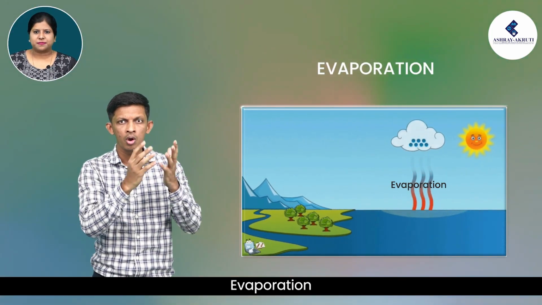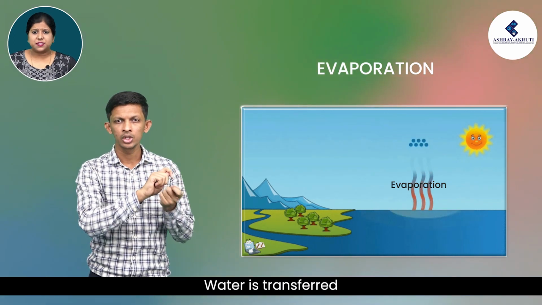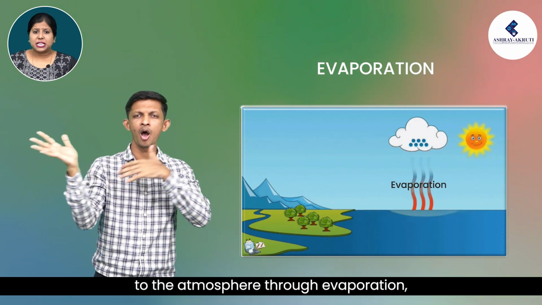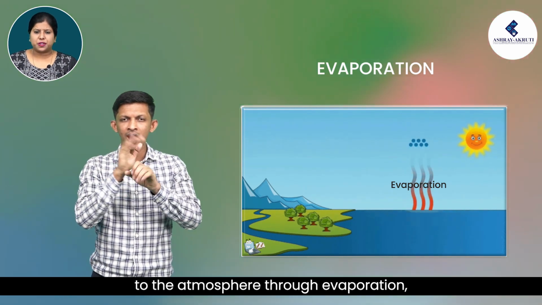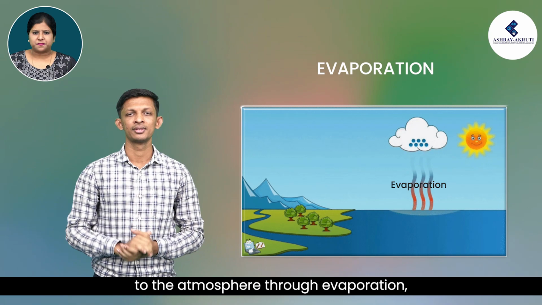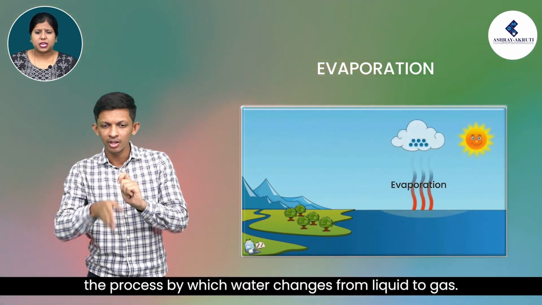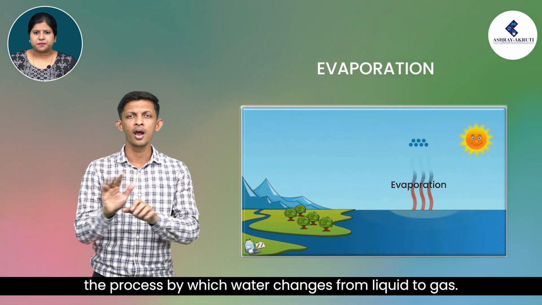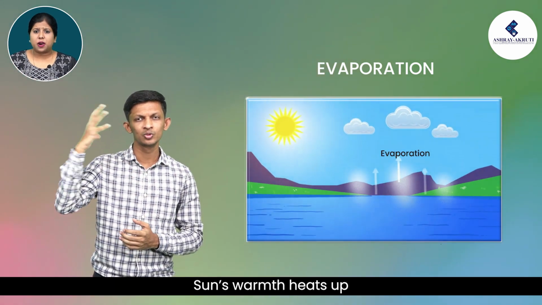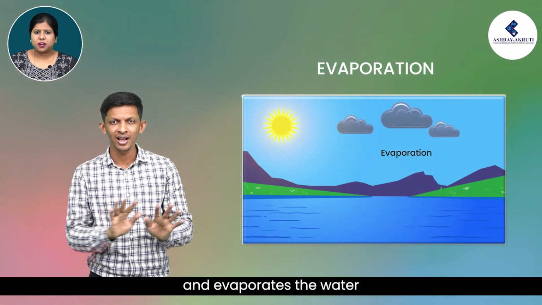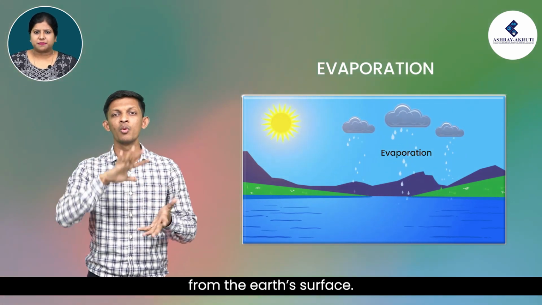Evaporation. Water is transferred from the surface of the earth to the atmosphere through evaporation, the process by which water changes from liquid to gas. Sun's warmth heats up and evaporates the water from the earth's surface.